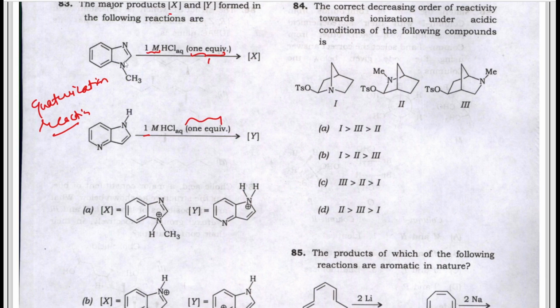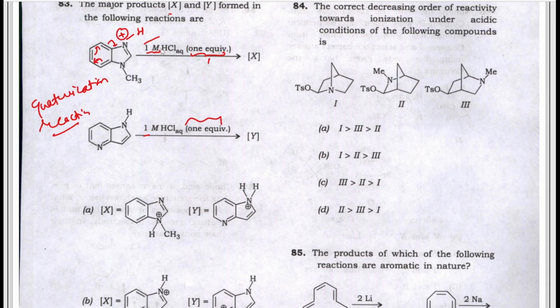Okay, so in the first case, this nitrogen is more basic, and after protonation here, the resulting cation will be stabilized easily through this resonance, through the delocalization of these pi electrons.